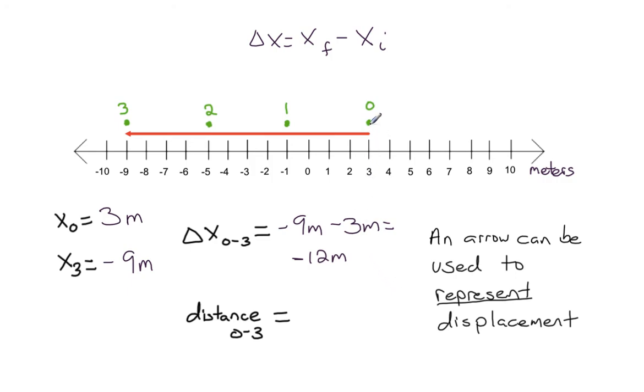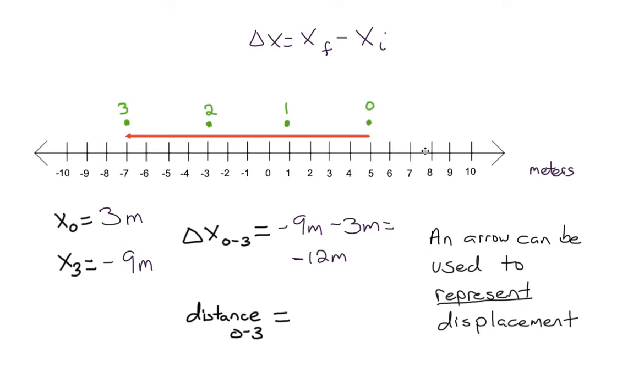And if I take a look, the object started here, ended here. It has moved 12 meters to the left from time 0 to 3. And I can use an arrow, this red arrow, to represent that. The red arrow is 12 units long according to this picture, and it points to the left. And notice if I move the axis system like this, the arrow is still 12 units long to the left, from 5 to negative 7, spans 12 units to the left.